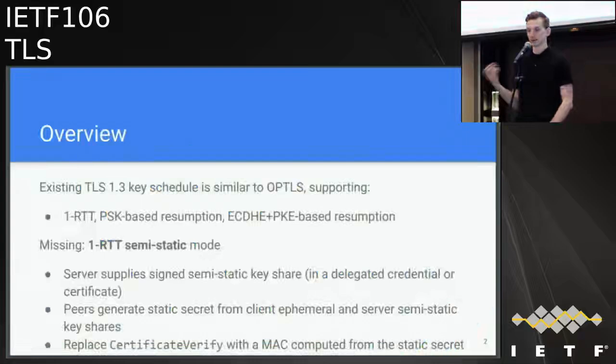So for those of you that are not familiar, the semi-static Diffie-Hellman is basically plugging a hole in the OP-TLS design that was not yet filled by TLS 1.3, which supports the normal 1-RTT case, non-semi-static, where the server actually gives you a certificate instead of a Diffie-Hellman key share, and then both PSK variants.